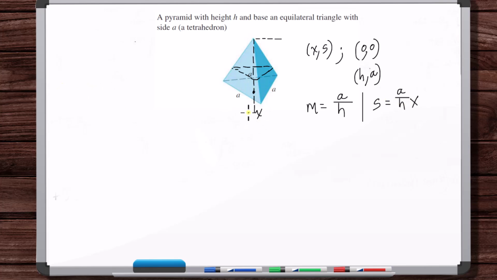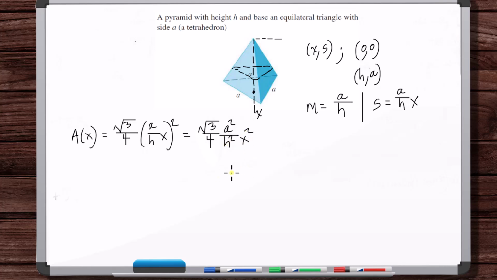Now the formula for the area of an equilateral triangle, if you Google that, is root 3 over 4 times the side length squared. So the area formula as a function of x is root 3 over 4 times this s squared, so root 3 over 4 a squared over h squared x squared.